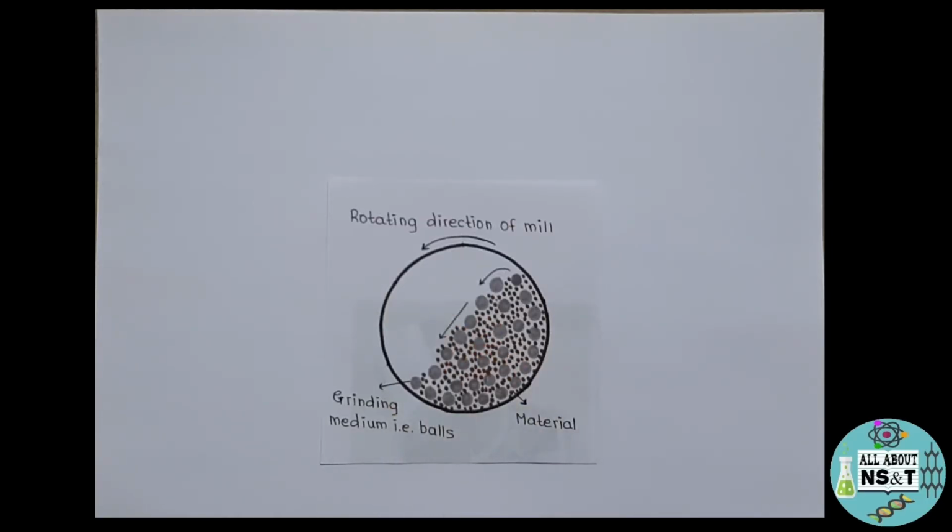While the container is rotating, there is continuous movement between the balls and the material. During this movement, there is collision between the material and the balls, and this collision causes crushing or grinding of the material, which ultimately leads to the size reduction of the material. So now I think you are clear about how it works, right?